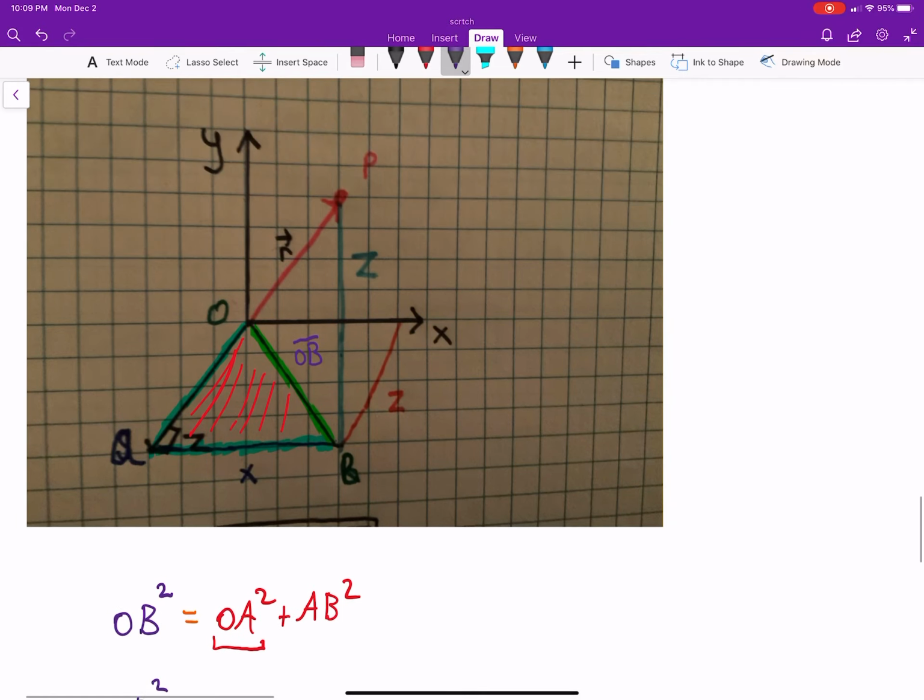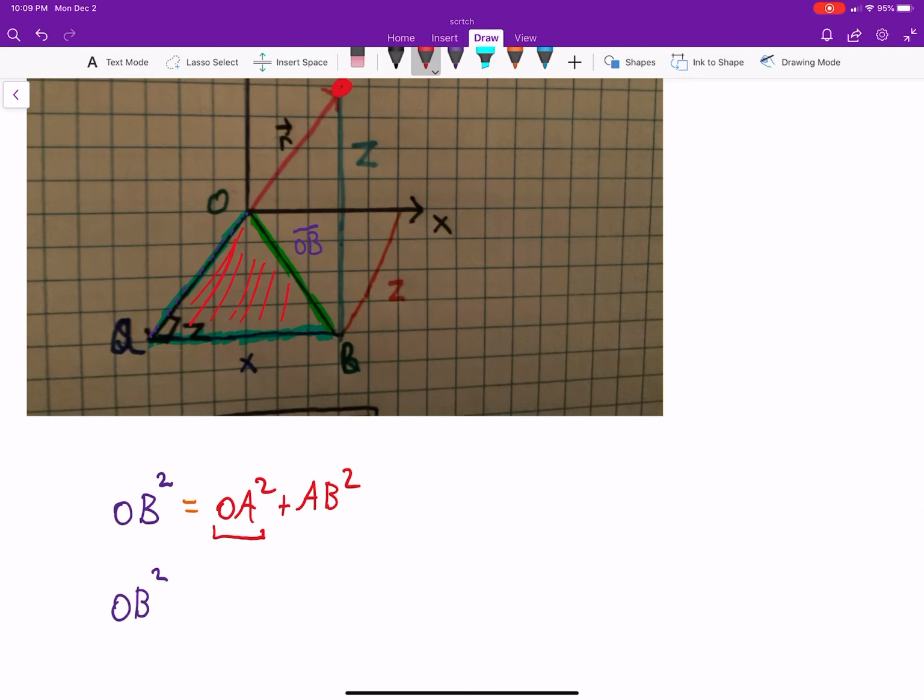OA represents how far out of the page or into the page our point P is. The z component of this point P is represented by OA. So I can replace OA squared with just z squared.